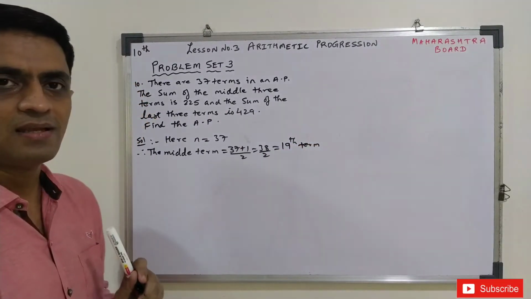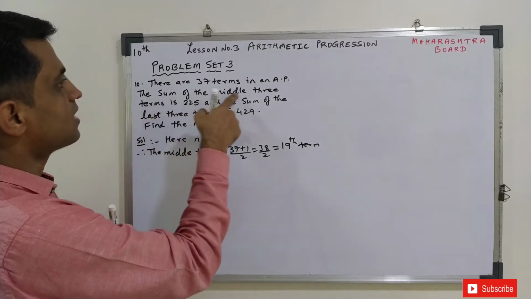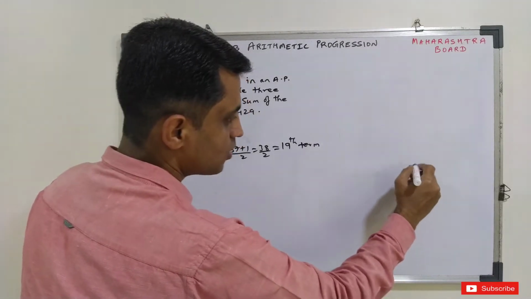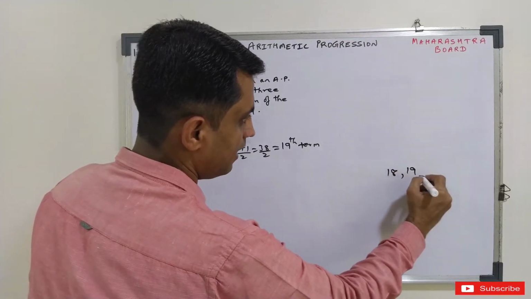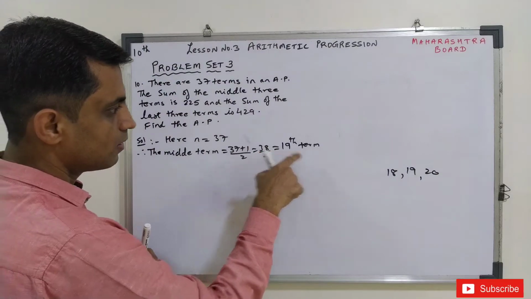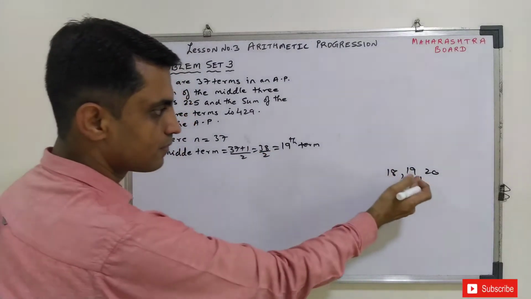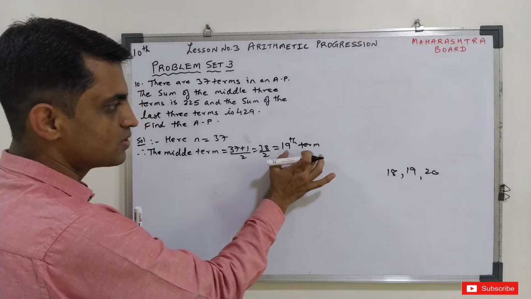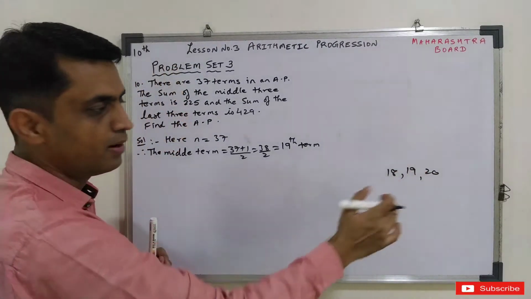So the middle term is the 19th term. So the sum of the three middle terms. Suppose this is 19. So before 19 what will come? 18, and after this what will come? 20. So 19 is there, before that 18 and 20. So three middle terms. Once you get this, the remaining you get automatically.